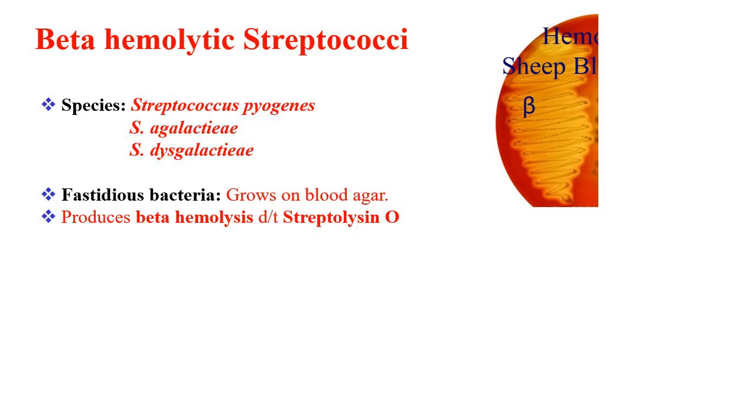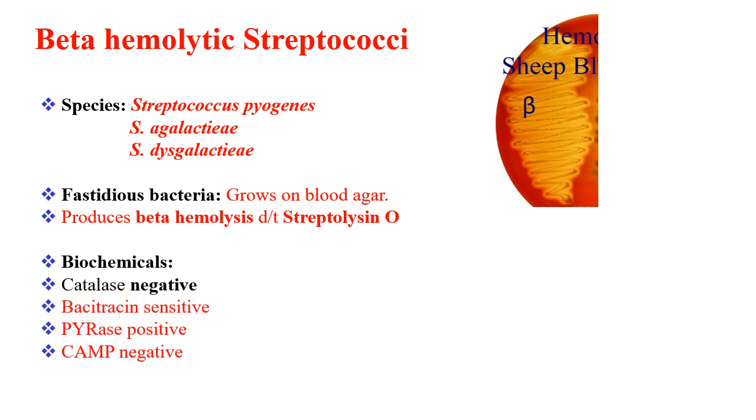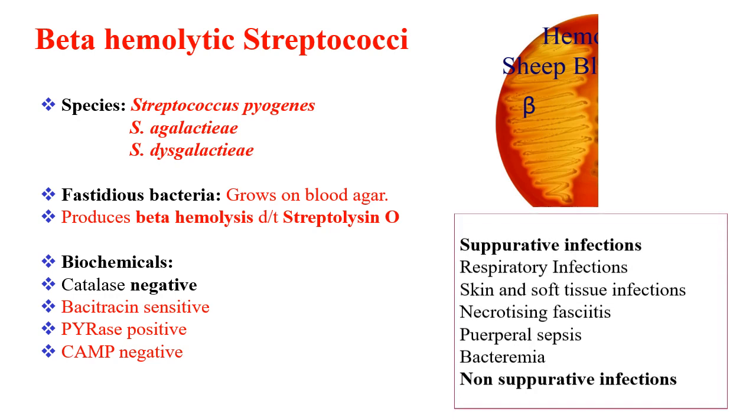So coming to the beta hemolytic streptococci, which are the most important species of this family: Streptococcus pyogenes, Strep A, and agalactiae, that is the species. It is fastidious. It produces beta hemolysis due to a toxin called streptolysin O. The biochemicals are catalase negative, bacitracin sensitive, PYR positive, CAMP negative.